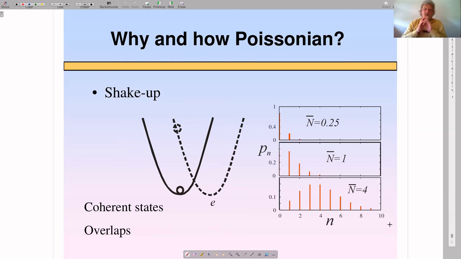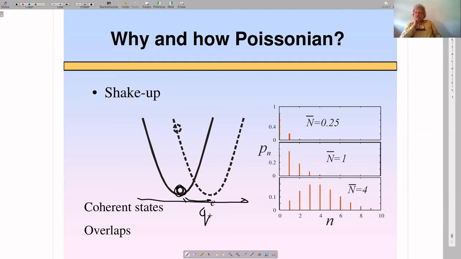In the beginning, with no electron, the oscillator is in its ground state. Then the electron goes to another lead, it shifts the position of this oscillator. Well, the coordinate here is eventually the charge at the capacitor.